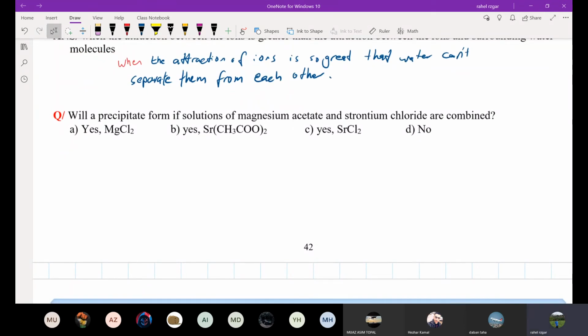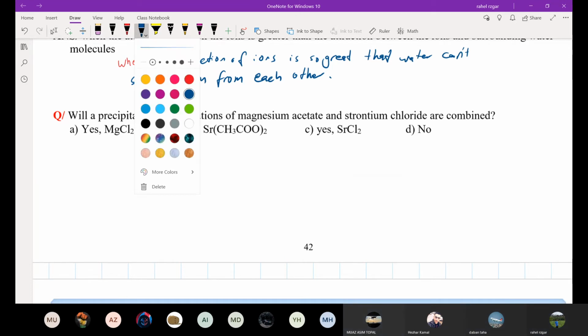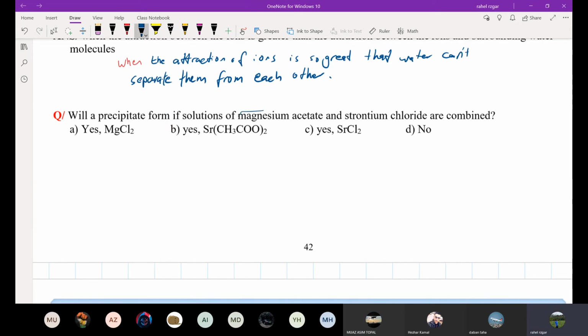The next question. Will a precipitate form if solutions of magnesium acetate and strontium chloride are combined? May I answer? Yes. D. Yes, exactly. Because if you write down the equation, everyone, it says magnesium acetate. What is magnesium acetate?